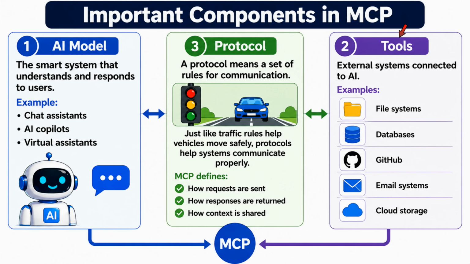For example, file systems, databases, GitHub, email systems, and cloud storage. Third one is protocol. A protocol means a set of communication rules. Just like traffic rules help vehicles move safely, protocols help systems communicate properly. MCP defines how requests are sent, how responses are returned, and how context is shared.